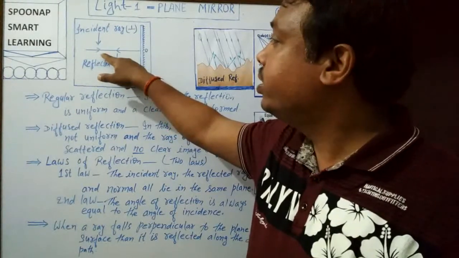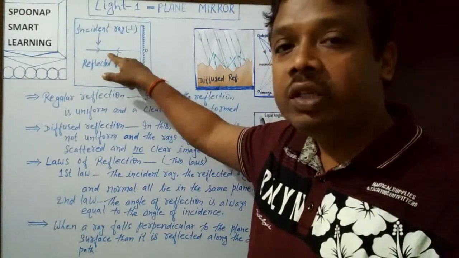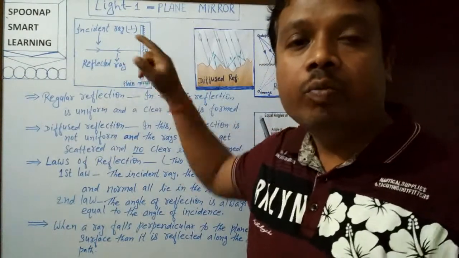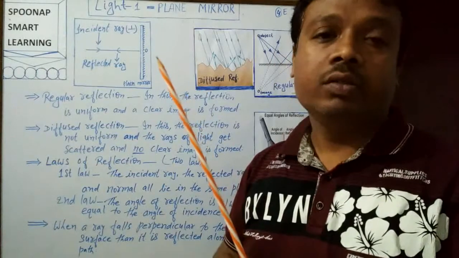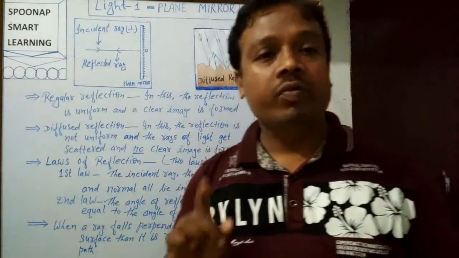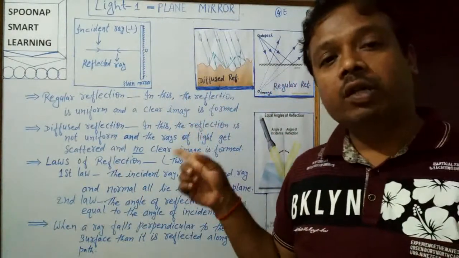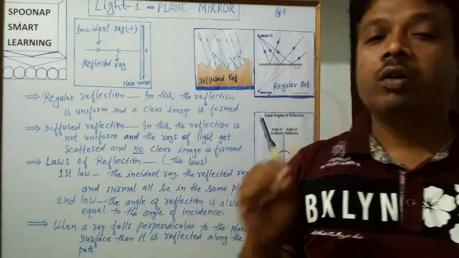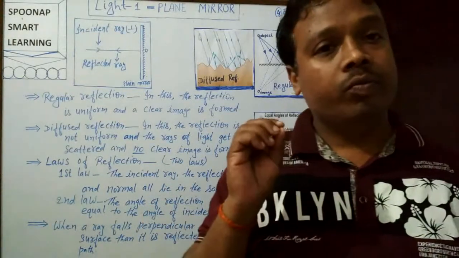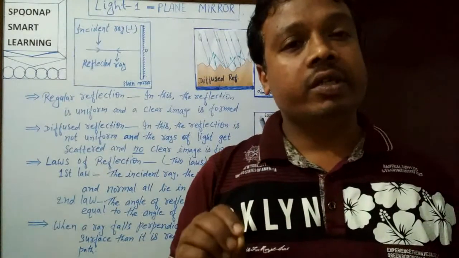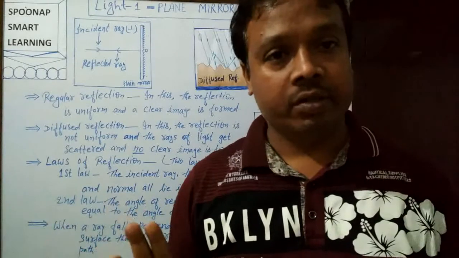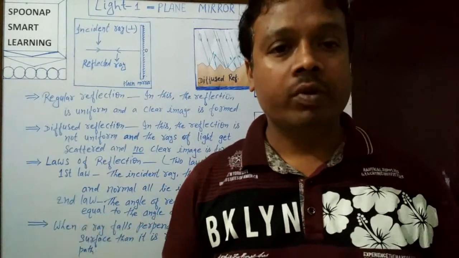Here is the incident ray. You can see the path of the incident ray, and again this is the reflected ray. Both coincide with each other. That means the path of the incident ray and the path of the reflected ray become the same when the ray is incident perpendicular to the plane mirror. I think all of you have understood.